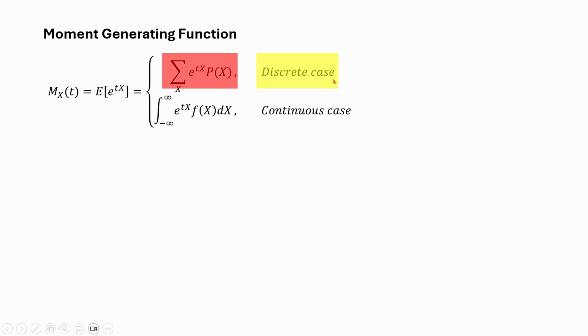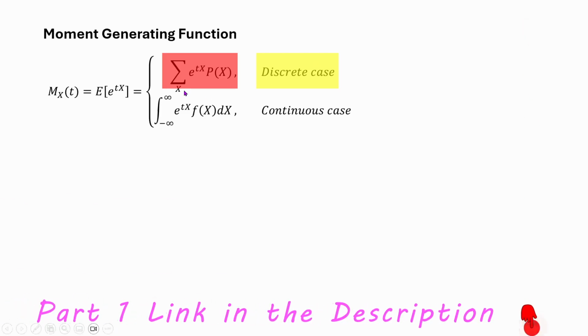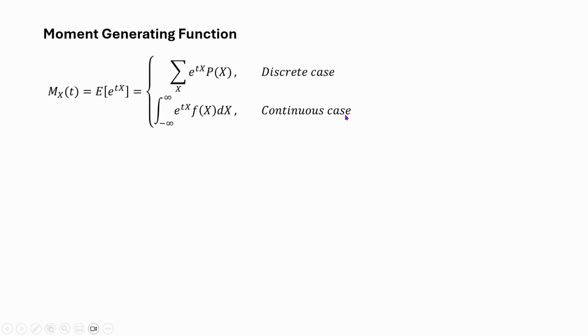This is for the discrete case. This is something we discussed in the introductory lecture in part 1 of the video series. And also for continuous case, it will be an integral from minus infinity to infinity. And f(x) is the probability density function for the continuous distribution. So for these two cases, you can calculate your moment generating function just like this.